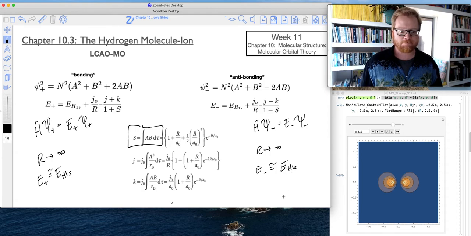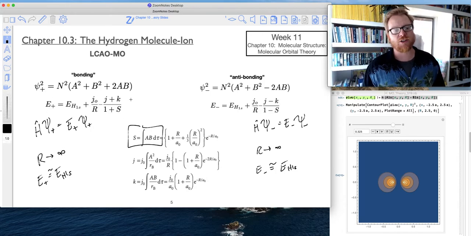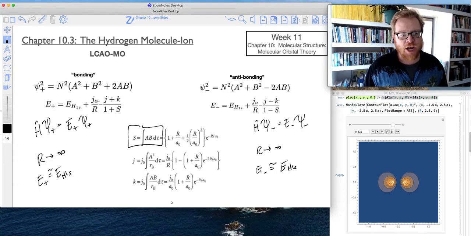And so, like I said, this equation looks fairly simple, but remember, the J0, that's a big collection of constants. J is this entire solution right here. K is this entire solution, and S, of course, our overlap integral, is this entire solution, right?